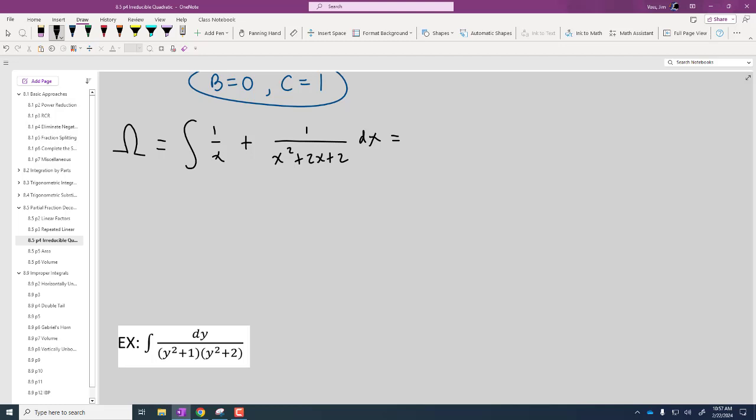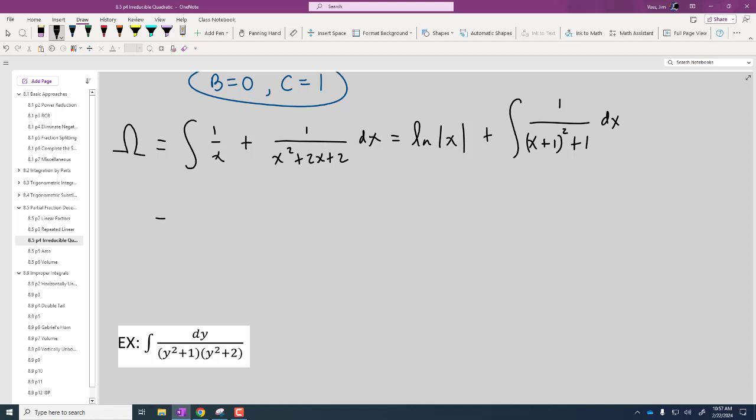Okay, so we get natural log, absolute value of x, and then we are going to complete the square. So we need a 1, right? So we're going to make it x plus 1 squared plus 1 dx. So if we divide that by 2 and square it, we get a 1. So we're taking away 1 from the 2. And we can skip to do the inverse tangent. It's in inverse tangent form right away.